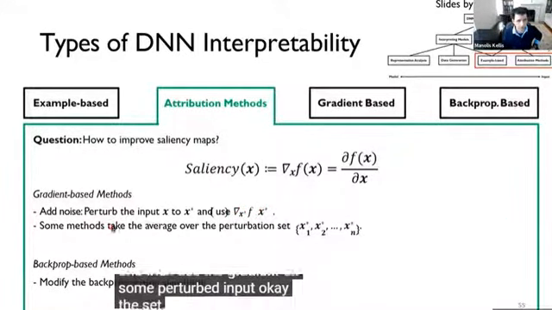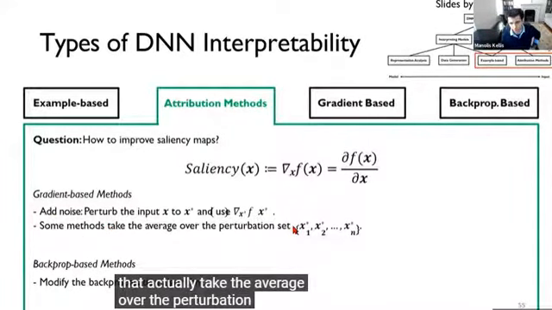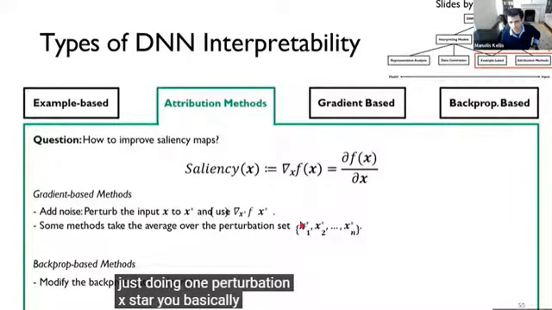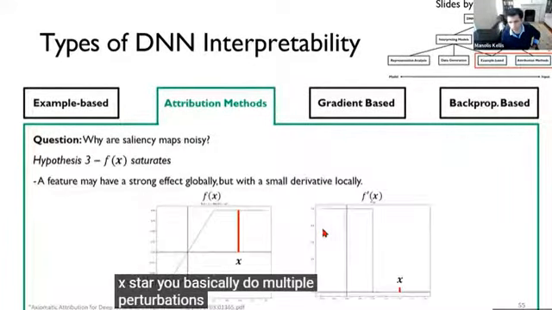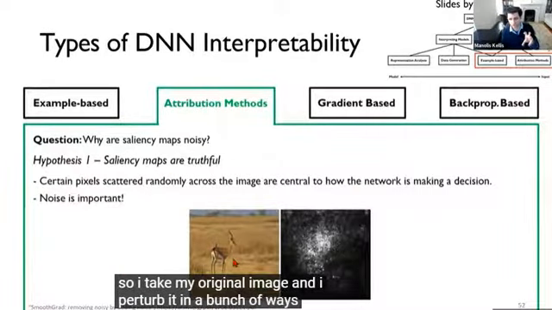Okay. And there's some methods that actually take the average over the perturbation set. So instead of just doing one perturbation X star, you basically do multiple perturbations. So I take my original image and I perturb it in a bunch of ways.